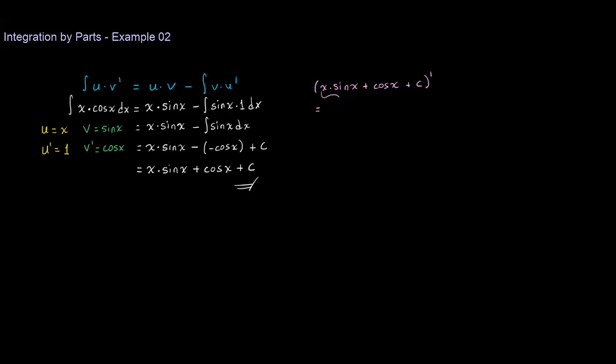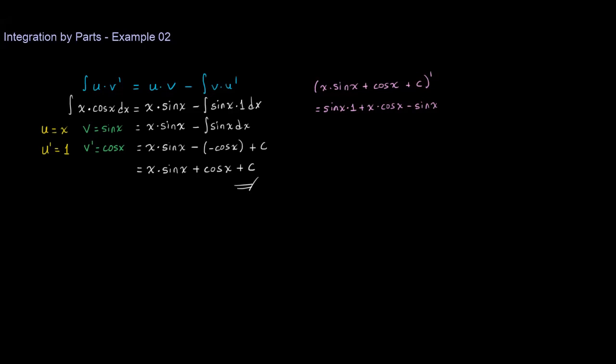So this x times sine of x is a product, so its derivative is sine of x times 1, plus x times the derivative of sine, which is cosine of x, then the derivative of cosine is minus sine of x, and the derivative of c is 0.